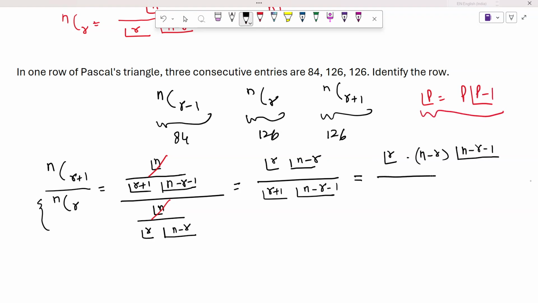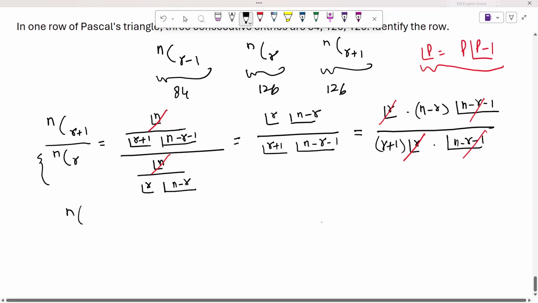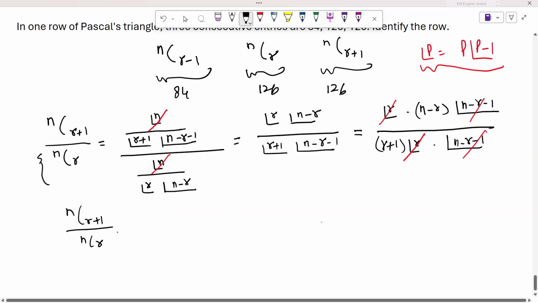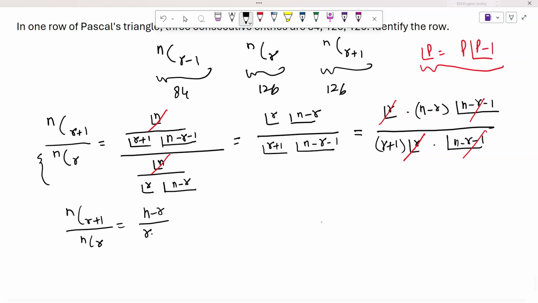Okay, upon factorial r plus 1, r plus 1 comes out and factorial r into factorial n minus r minus 1. This is cancelled out by this and this is cancelled out by this. So nCr plus 1 upon nCr is equal to n minus r upon r plus 1.